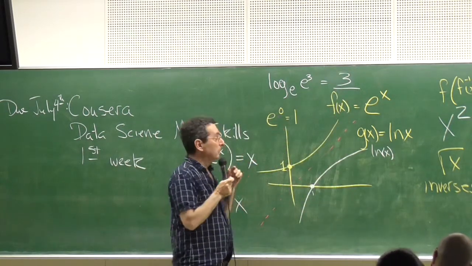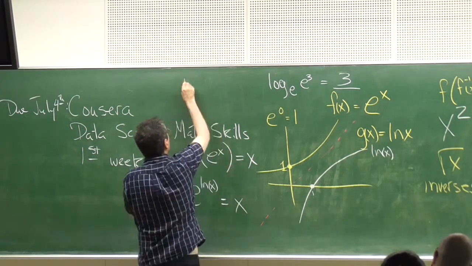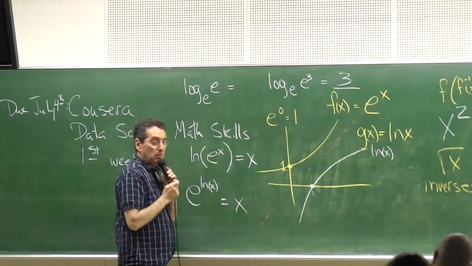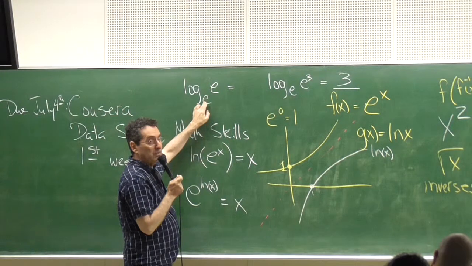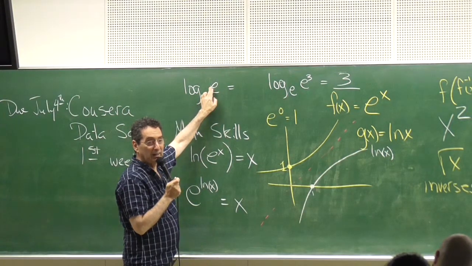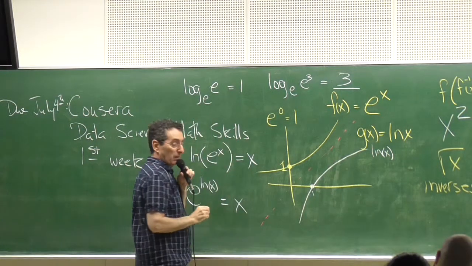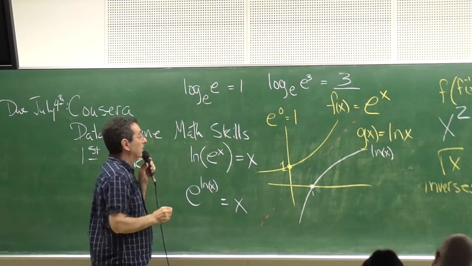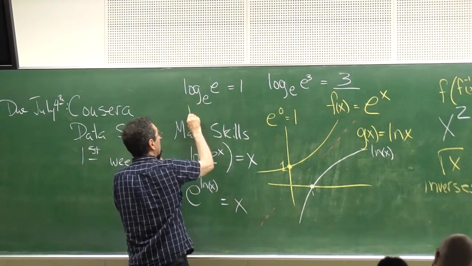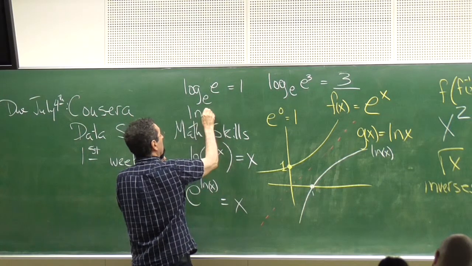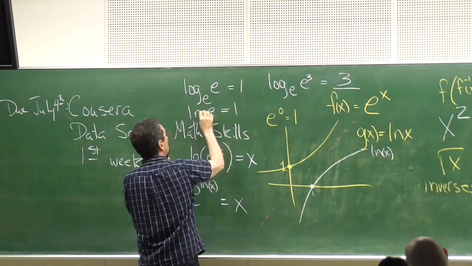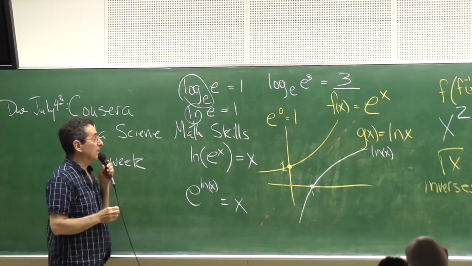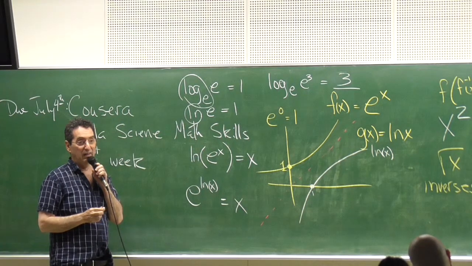Now what about the log base e of e? What do I have to raise e to get e? 1. So that is 1. We can rewrite that as ln of e equals 1, because they mean the same thing. So ln of e equals 1.